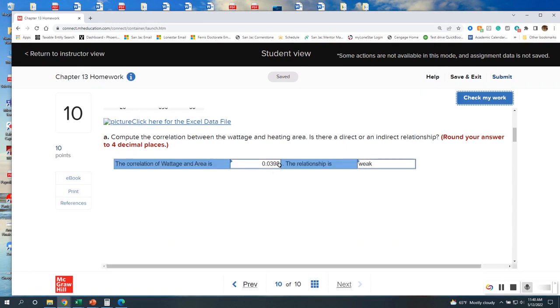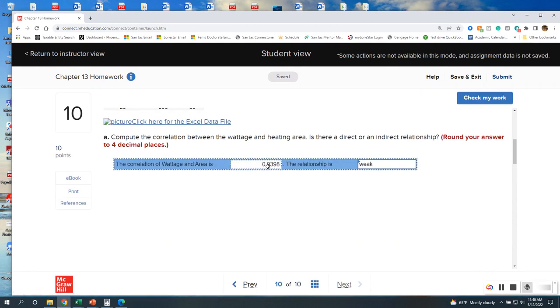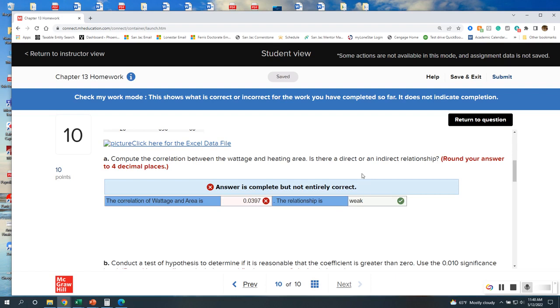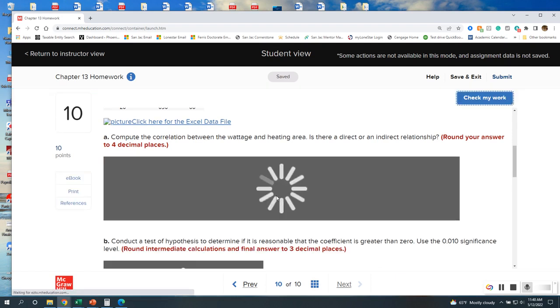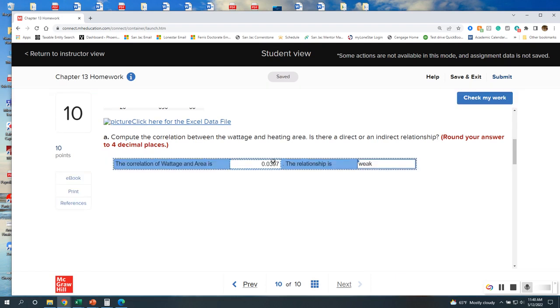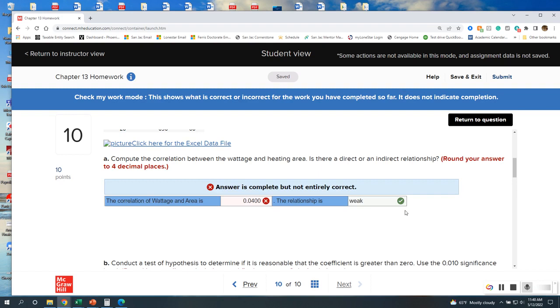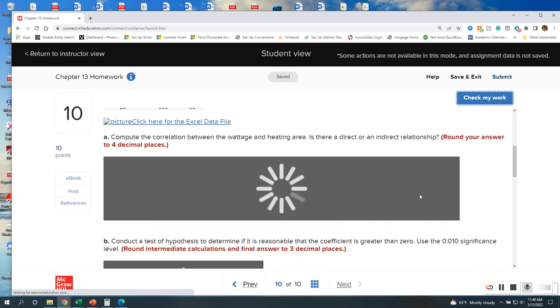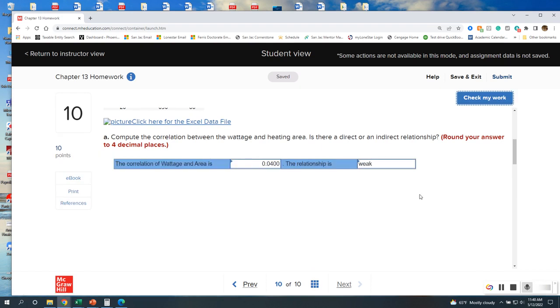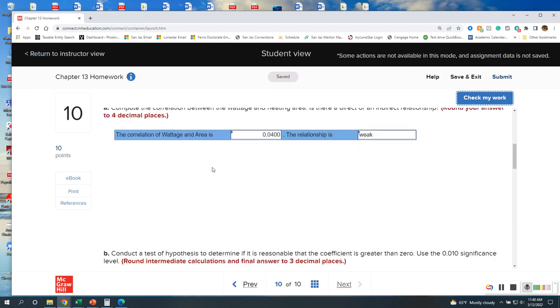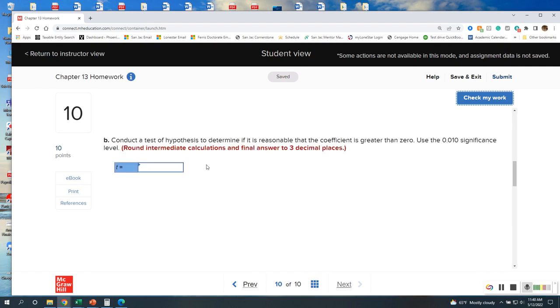No. Well, 0.0397. Nope. About 0.04. Yeah. So there is an error going on. Nice. Well, at least I'm showing the error so that y'all can see what's going on.